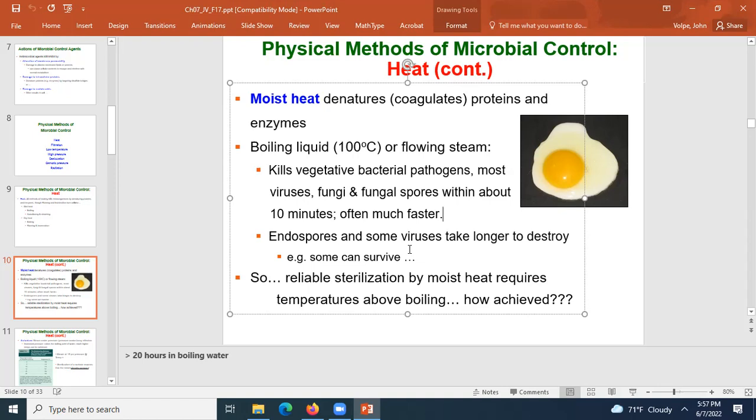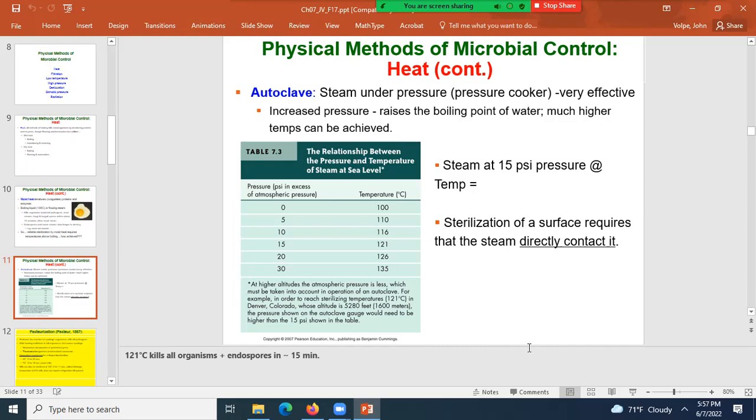So some endospores are very resistant to heat, moist heat, as well as most other agents you use to treat the microbes. So reliable sterilization using moist heat requires temperature above boiling. How is this achieved? By autoclaving.